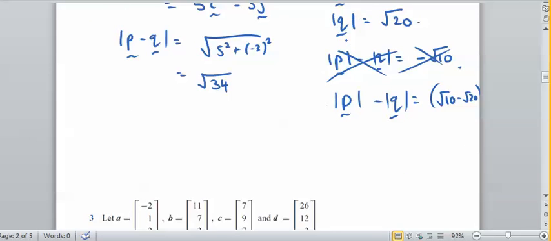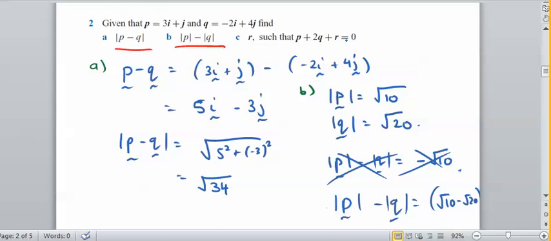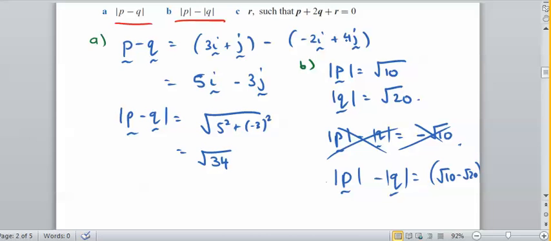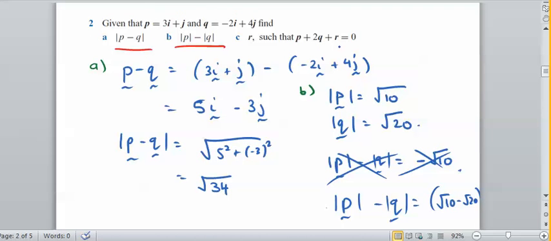I'll just do this up here, but if you don't want to look and you want to do it yourself, that's fine. P plus 2Q is 3I plus J minus 4I plus 8J, plus R is equal to 0.